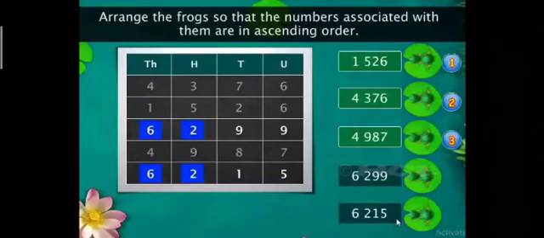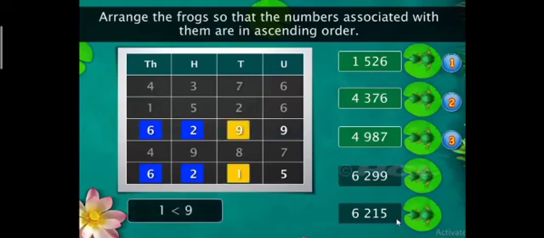Now let's check for the last two numbers, 6299 and 6215. In both numbers we have 6 at thousands place, and here at hundreds place also we have the same number 2. So what do we have to do? Now we have to check for tens place also. So we have 1 at tens place in 6215 and 9 at tens place in 6299.